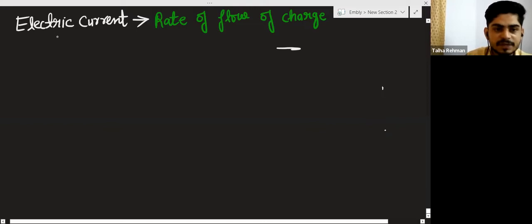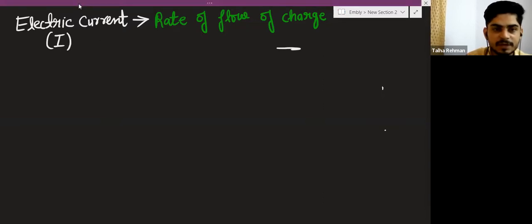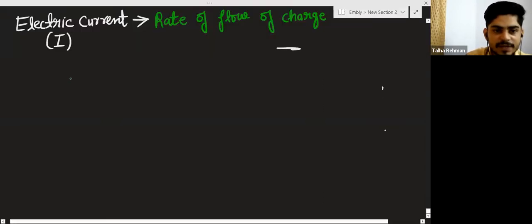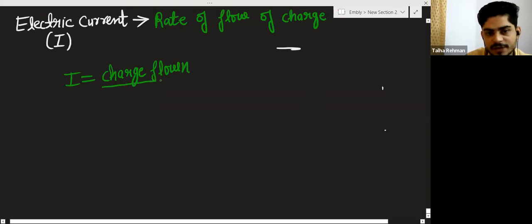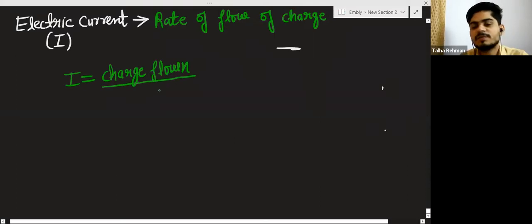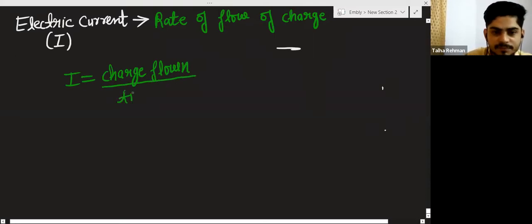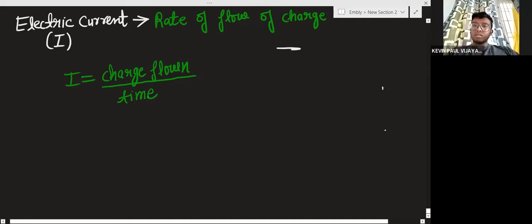And I will represent this electric current with capital I. For the electric current, I can write I is equal to the amount of charge flown in the amount of time. So current is charge upon time.